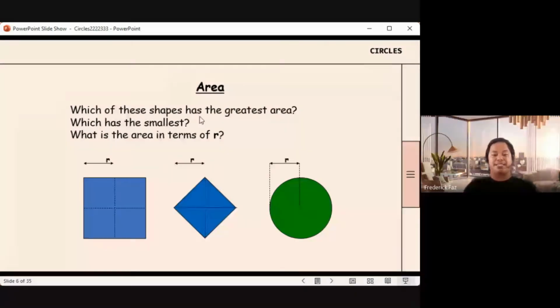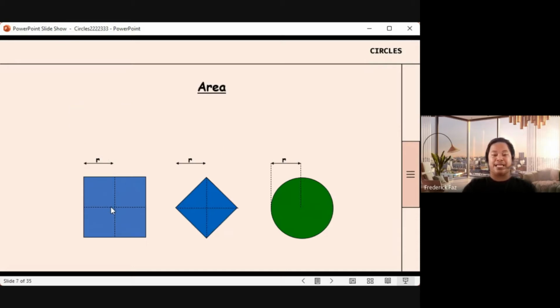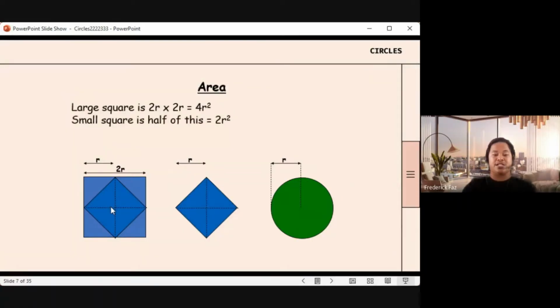Which of these shapes has the greatest area? If we're going to observe po, napakaliwanag naman po na yung square po has the greatest area. So let's have lang naman po. The large square, its area is 4r squared.